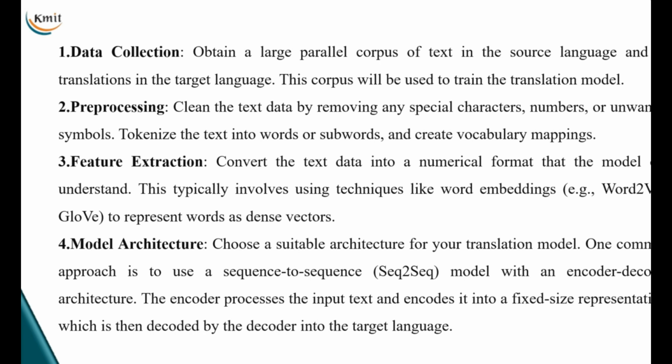The source language will be the input language that you want to take, and the target language would be the output language that you want to convert to. So you can either take a corpus or create your own text. Now this corpus that we take will be used to train the translation model. So the accuracy of the model will depend upon how much training data you are giving to the model.